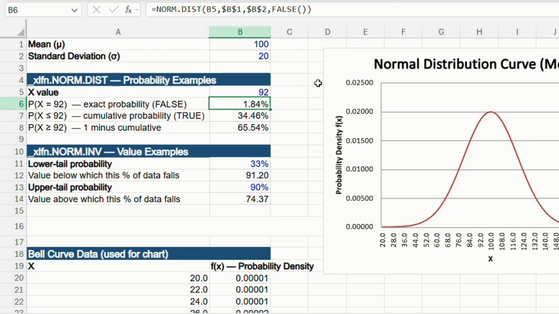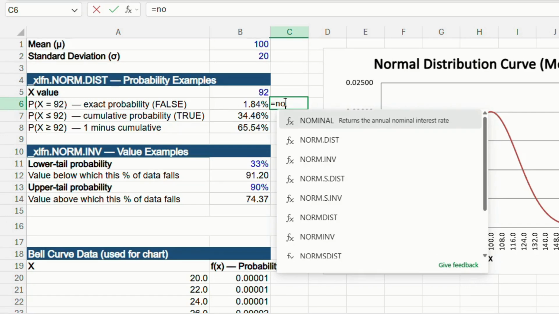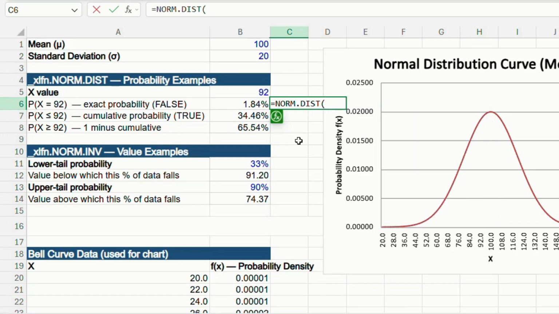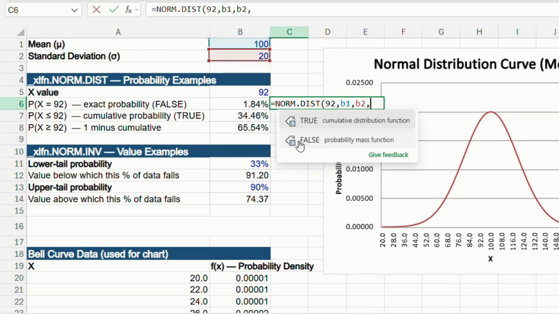And we get the result, which is 1.84%. So if we do the function again, equal to normal distribution, then we have the exact number we want, then B1, our mean, and B2, our standard deviation.